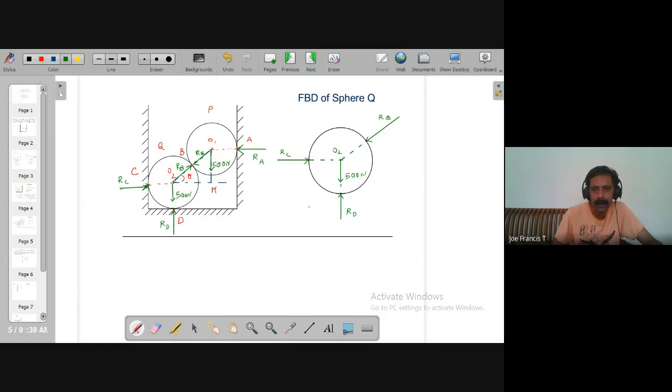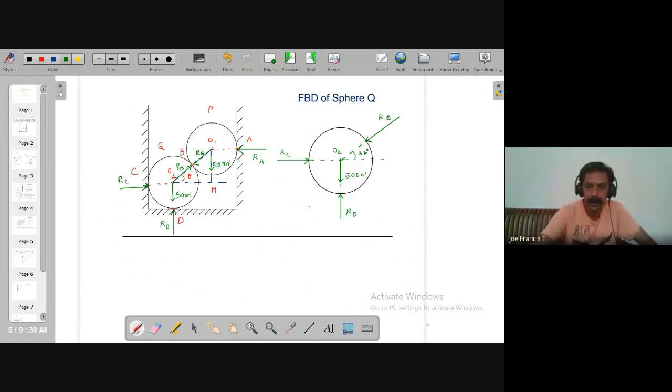RB will be making an angle of say 37 degrees with the horizontal or the x-axis. So this angle is 37 degrees. So these are the four forces acting on it. Again, you identify these four forces, write equations of equilibrium, and then you can find values for RC and RD.